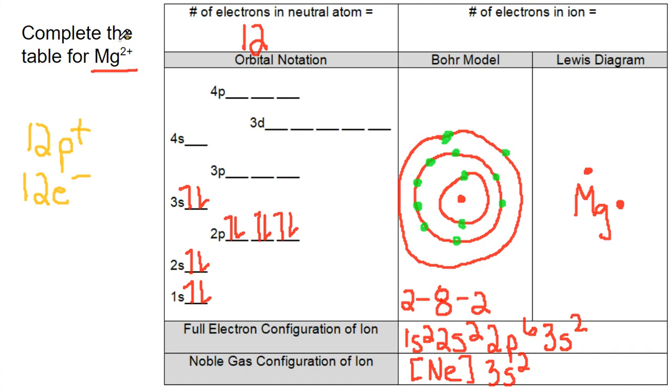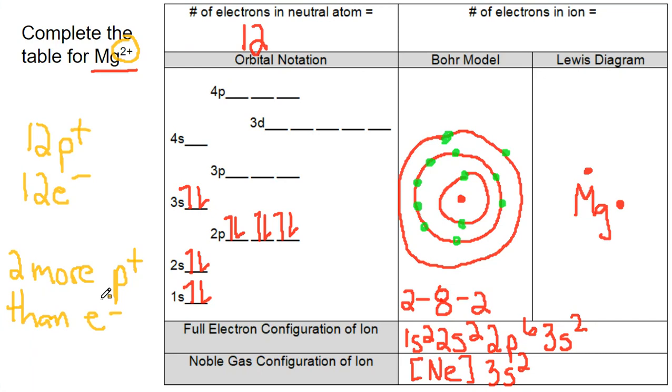Okay, but magnesium has a +2 charge, which means that there are 2 more positive charges than negative charges, which means there's 2 more protons than electrons. Okay, the number of protons never changes. If we change the number of protons, we change the identity of the element.